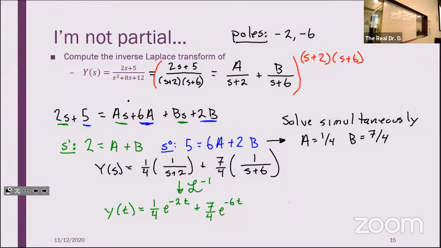This is how I'm modifying my root. And so we can split up all of my s to the 1 terms and set those equal to one another. We split off all of the s to the 0 terms, so that 2 and that 5 are taken into account in A and B and how they affect A and B combined. Does that make sense?